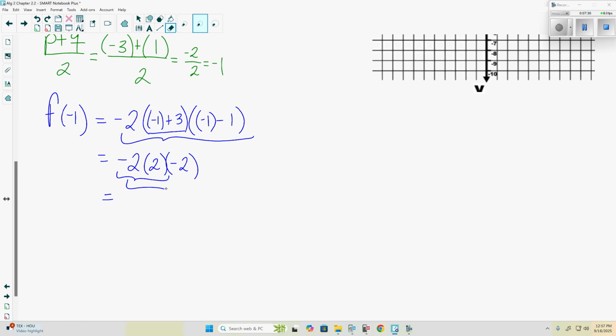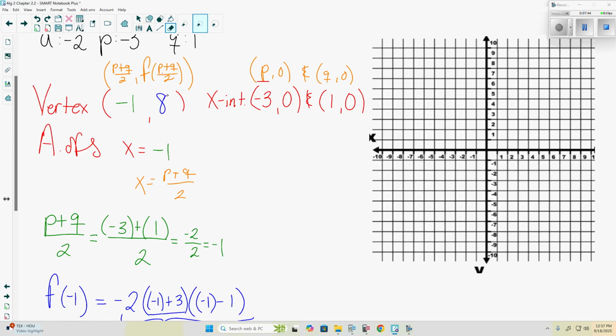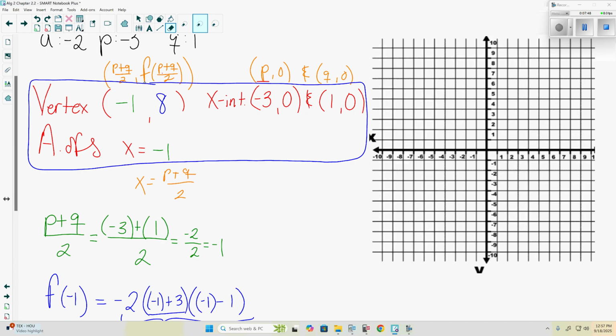Negative 4 times negative 2 is going to be positive 8. Because our negative and negative make a positive. 4 times 2 is 8. So that tells us the y value of the vertex is 8. And that's all we're looking for.